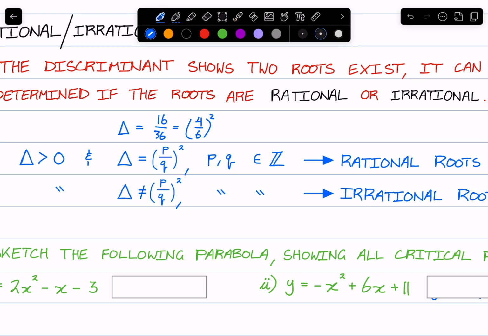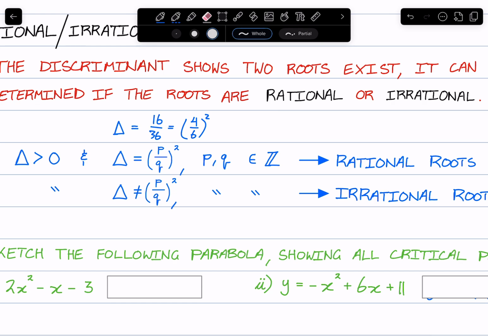And the simple reason for that is delta sits underneath the square root of b squared minus 4ac. And because we are square rooting something that looks like this, it will come out to a rational number. So in this example, if we have, say, square root 16 on 36, it comes out as 4 on 6. Notice how if this is the result we get, the roots will be rational.